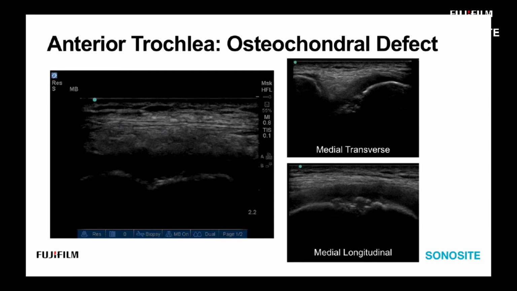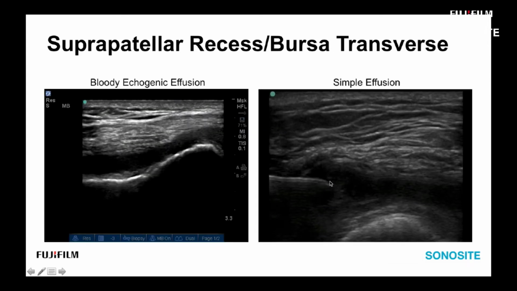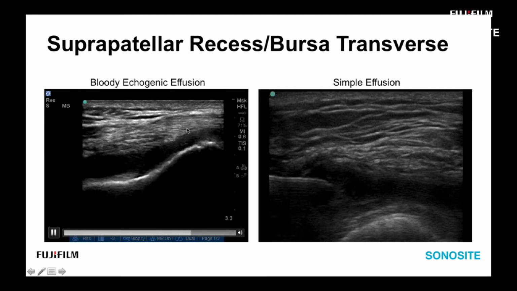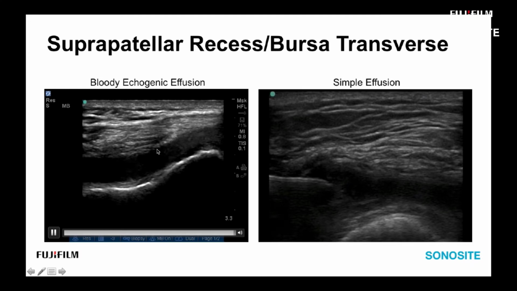Okay, next slide there. So also an acute injury, when you see blood coagulating and causing a fluid level within the suprapatellar recess, we can see this was an injury of somebody who fell on ice, slipped and landed on their knee. Everybody just seems to land on their knees. And what we have here is a fluid line between synovial fluid and blood.